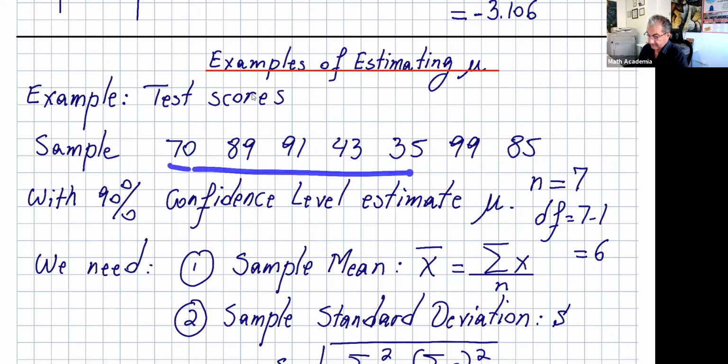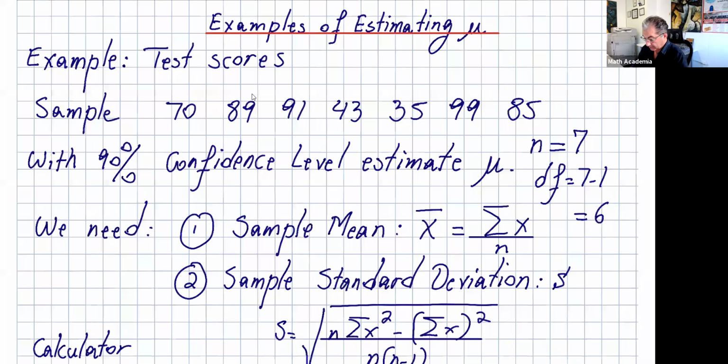I notice this is a sample, so we don't have the population standard deviation, sigma. So the first thing I know, I'm going to have to use the t-distribution. With s, 99% or 95% of the time you use t. So just remember s and t are always together.